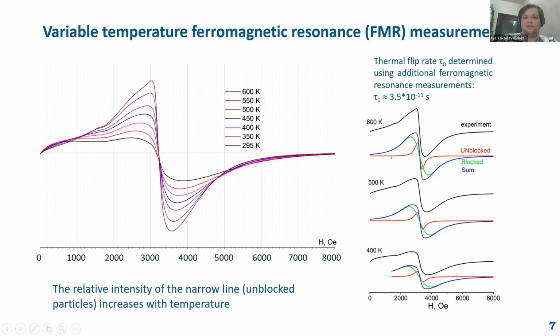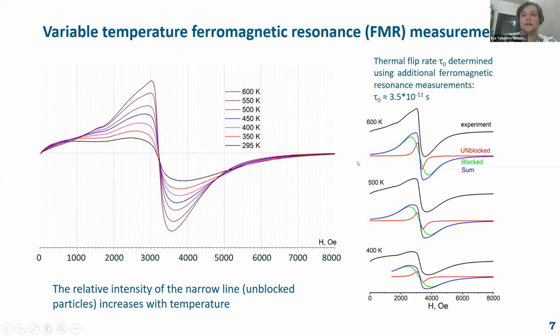And contrary to NMR, in FMR, we can observe the superparamagnetic particles, and even more, they produce a very sharp intensive signal, because, well, this is basically EPR applied to ferromagnetic materials.